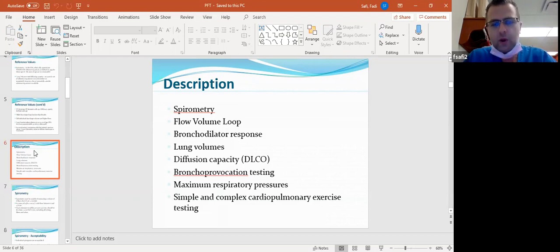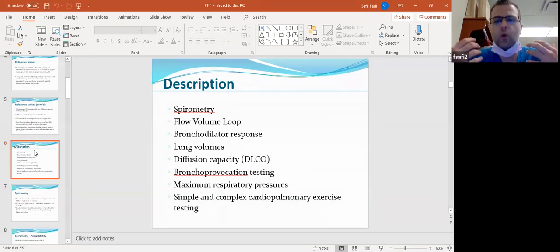Then we have something we call bronchoprovocation testing, which is the opposite of the bronchodilator test. Instead of giving a bronchodilator like a beta-2 agonist, you actually give something to induce bronchoconstriction.